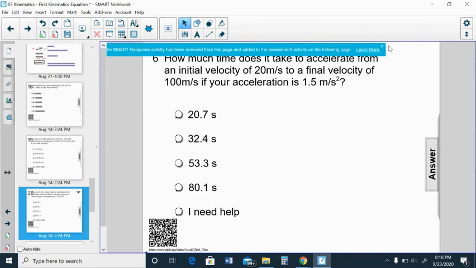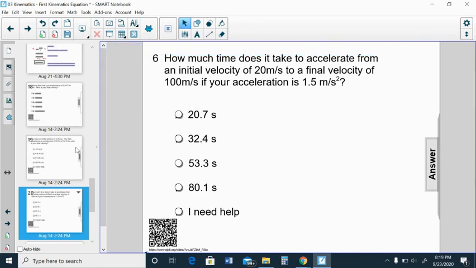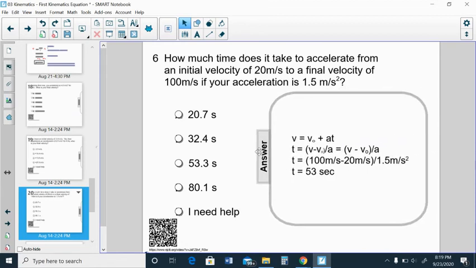How much time does it take to accelerate from an initial velocity of 20 meters per second to a final velocity of 100 meters per second if your acceleration is 1.5 meters per second squared? We know the first kinematics equation is solving for final velocity.